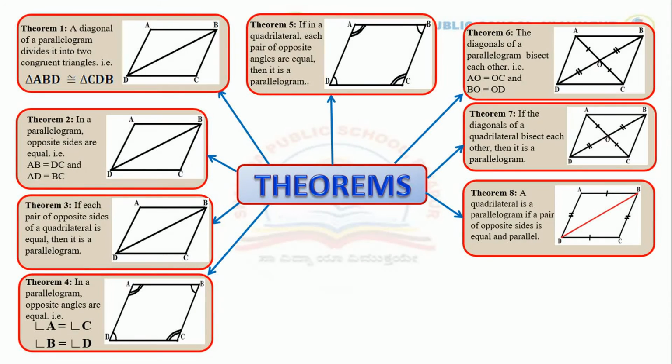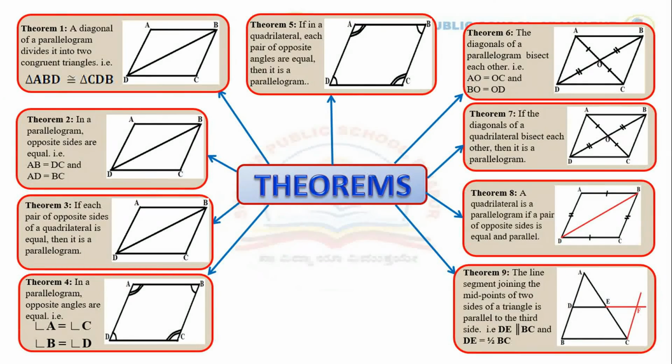Therefore, angle B is equal to angle D, but these two are alternate interior angles. Therefore, AB is parallel to DC, and thus ABCD is a parallelogram.